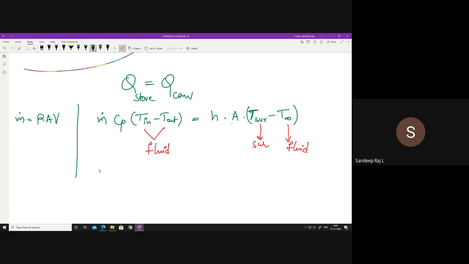So I substitute that here: rho A v into Cp into (T in minus T out) is equal to h into A. What is this A here? Is the A on the left hand side and the A on the right hand side, are they equal?